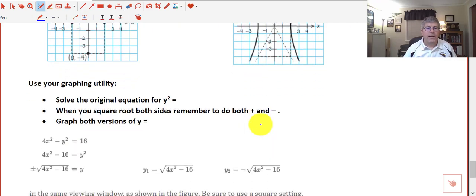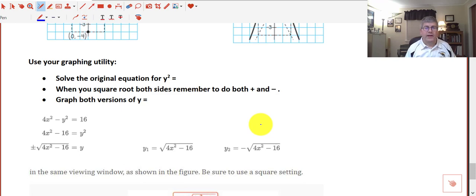You can also use your graphing calculator to sketch a hyperbola. And as we've done with our other conics, we'll solve the original equation for y squared. And then we have to square root both sides and do our plus or minus. And then we graph both versions of y equals. So we're going to graph a y sub 1 and a y sub 2, one for our plus and one for our minus. So in our last problem here, we had 4x squared minus y squared equals 16. I'm going to solve this for y squared.